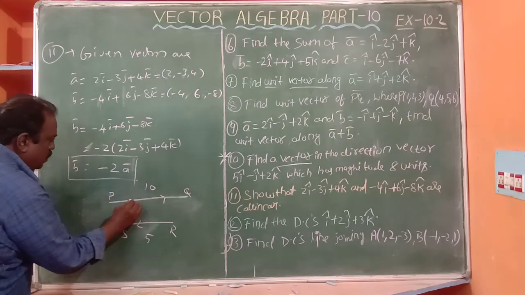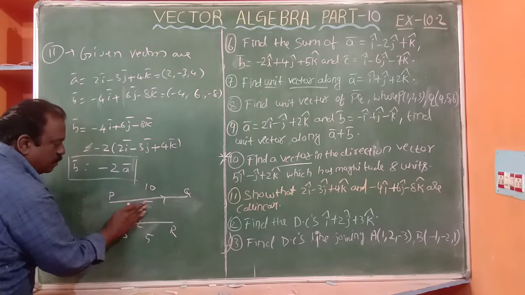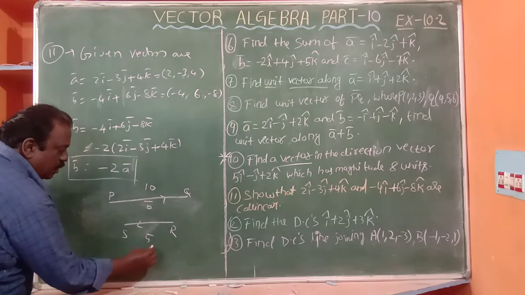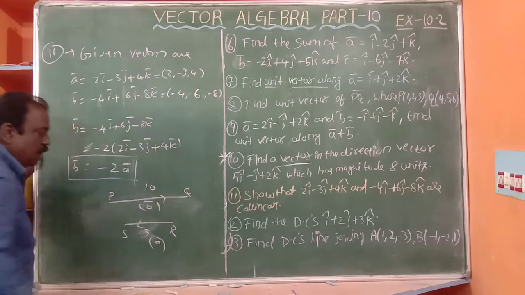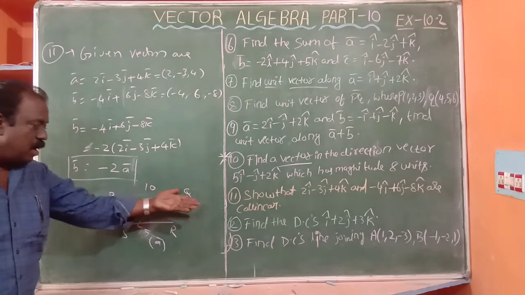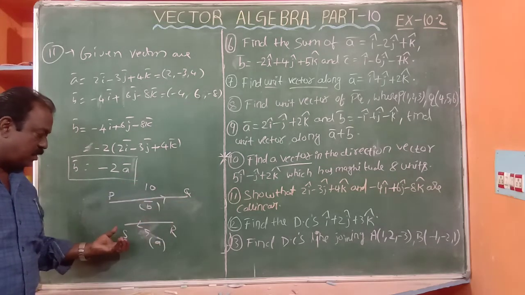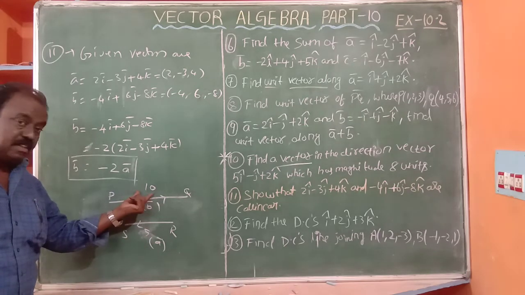This vector is called B bar, and this is A bar. Now B bar is from P to Q, and in the opposite direction, R to S, it is A bar, but its length is 5, while the other's length is 10.